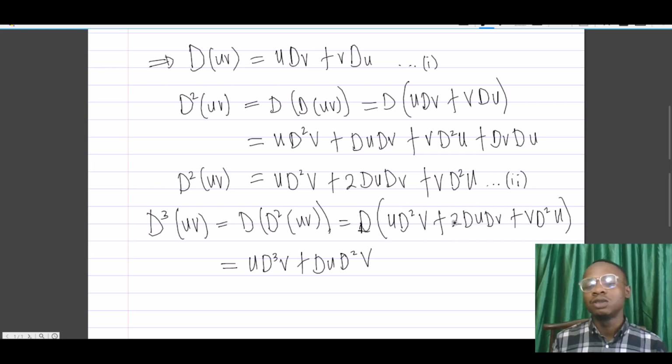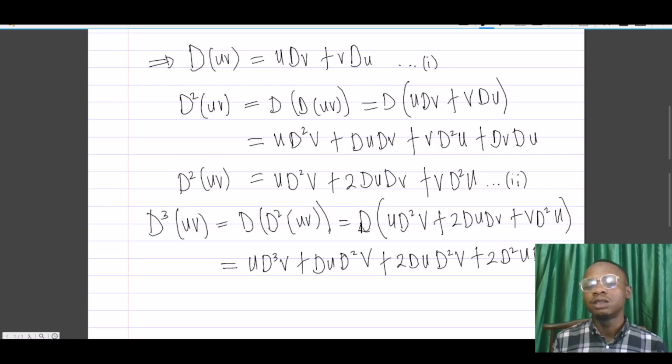Plus 2 is constant, so let's say we are keeping the u as constant also and differentiating the v, that will be plus 2 du multiplying the squared v. Then let's keep the v as constant and differentiate the u, that will be plus 2 the squared u multiplying the v.